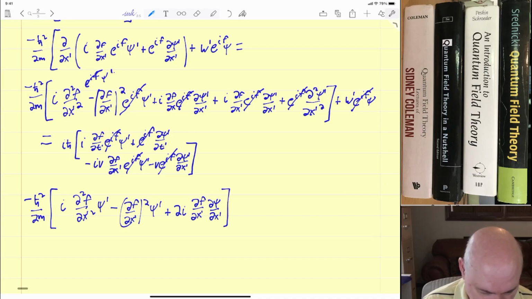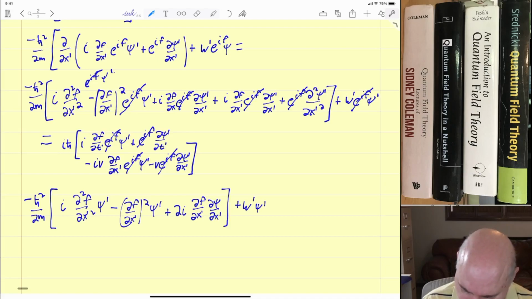And then I have plus w prime psi prime. Everything should be primes here.